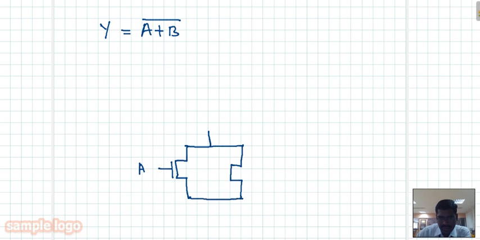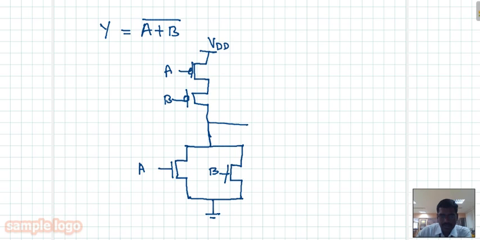So NMOS is connected here in parallel, and your PMOS is connected in series. So here you can easily see we have drawn the two input NOR gate.